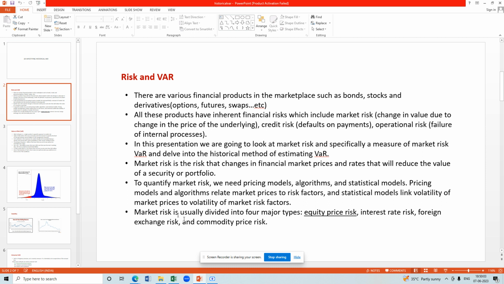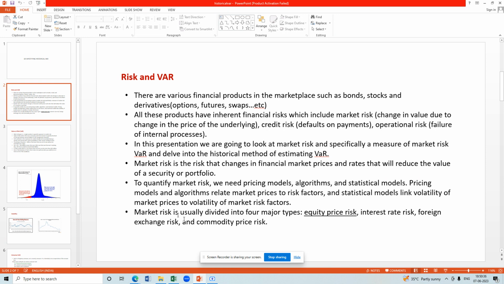So there are various types of products in the marketplace, such as bonds, stocks, derivatives, which have flavors of options, futures, and swaps. And what is common across all these products is that they have inherent financial risks, which include market risk, which is change in value due to change in prices of the underlying, credit risk, which is primarily the default risk, operational risk, which is failure of internal processes.